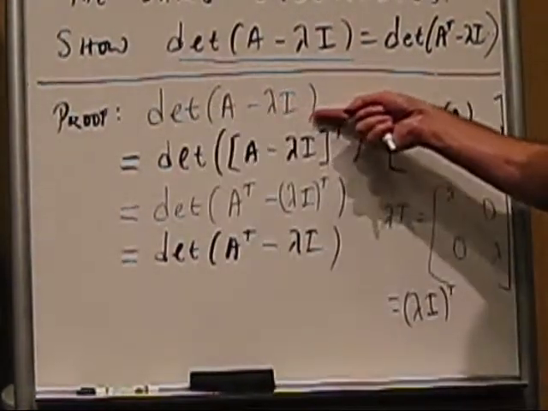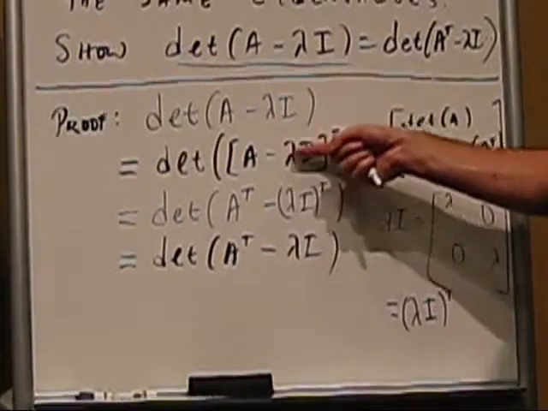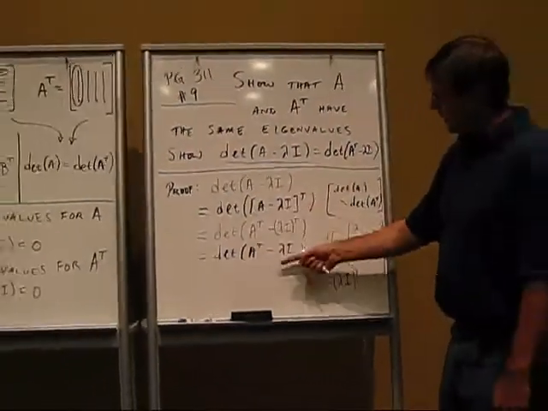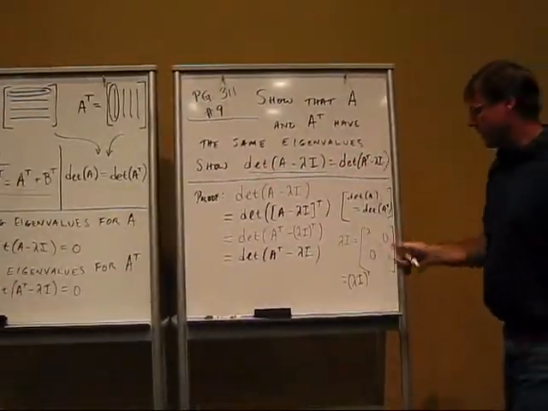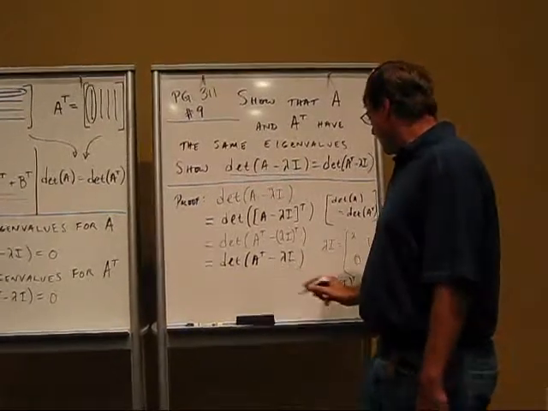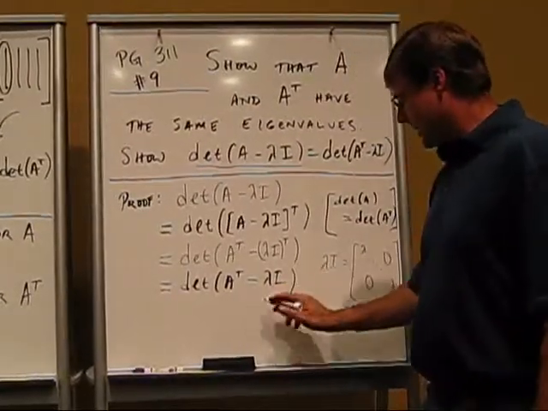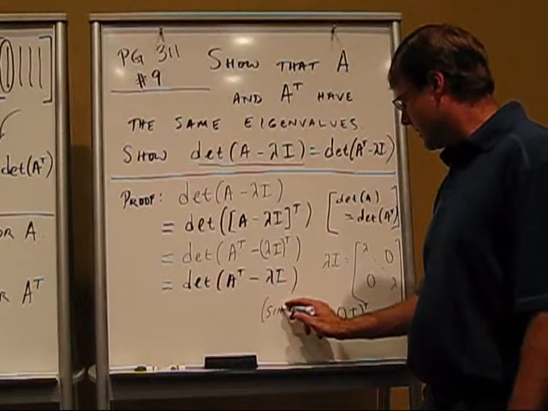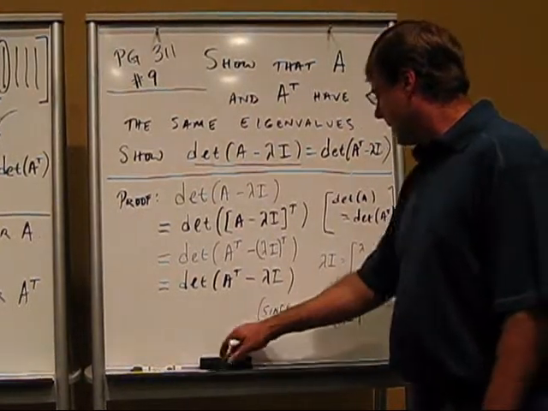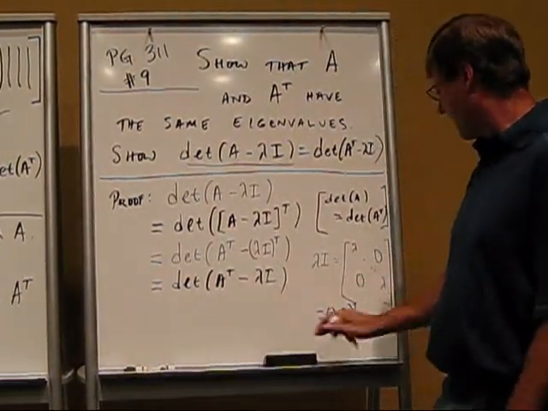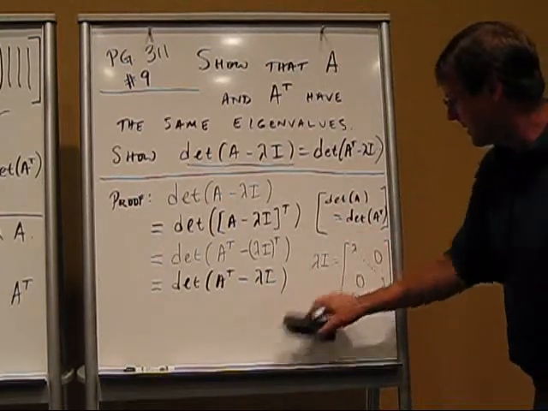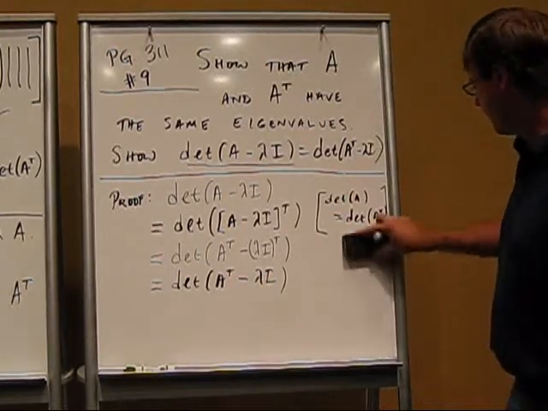I started off with this was equal to that was equal to the next thing, and it was finally equal to the very thing that I wanted. And so I'm done with my proof. You can justify this last step because of this fact. I'll erase this and then write that in.